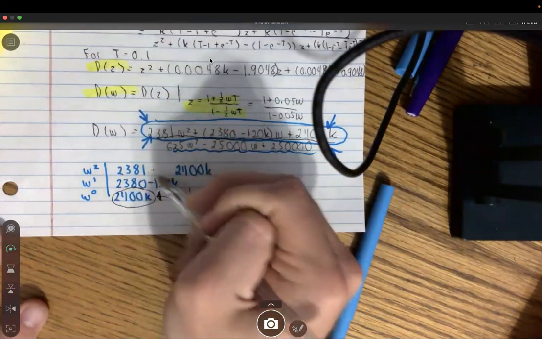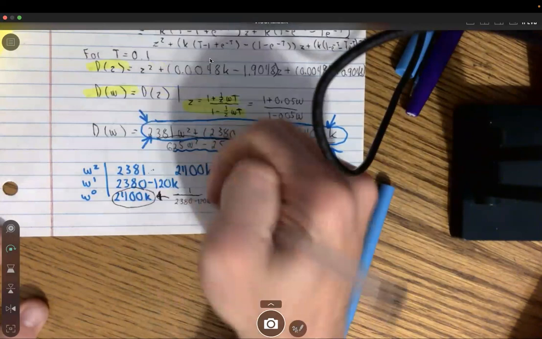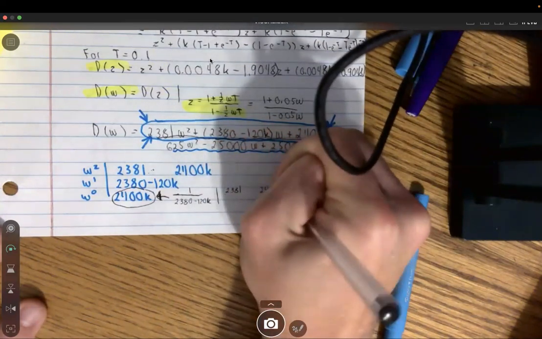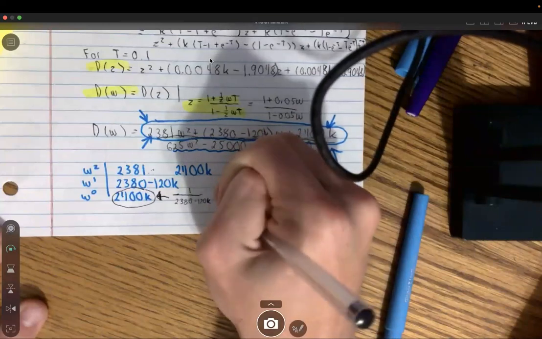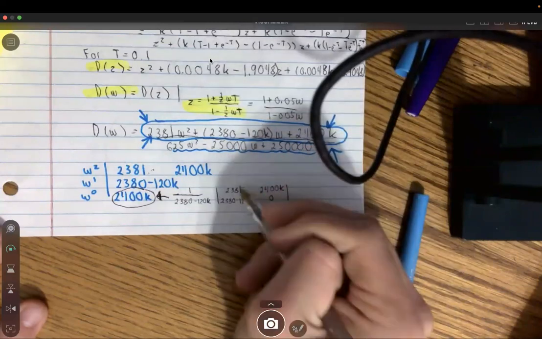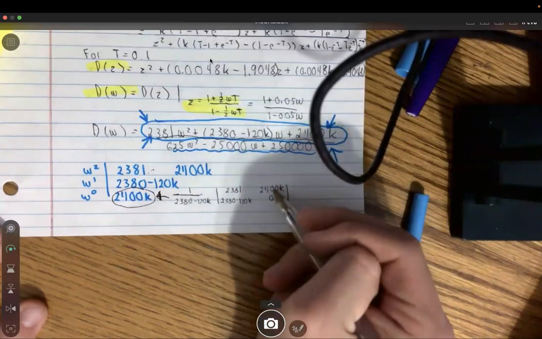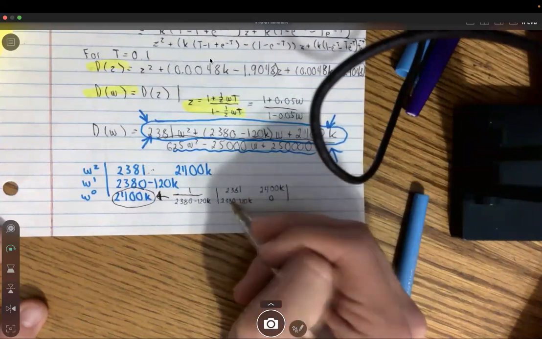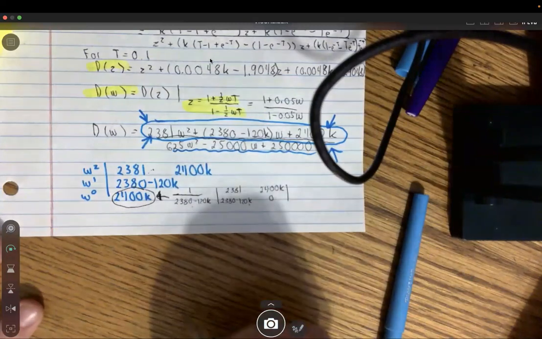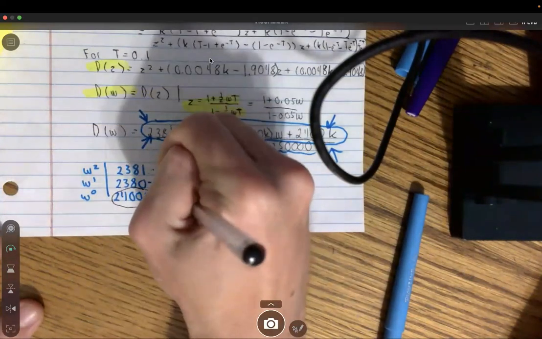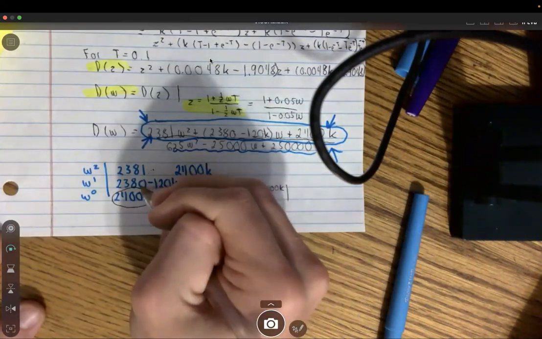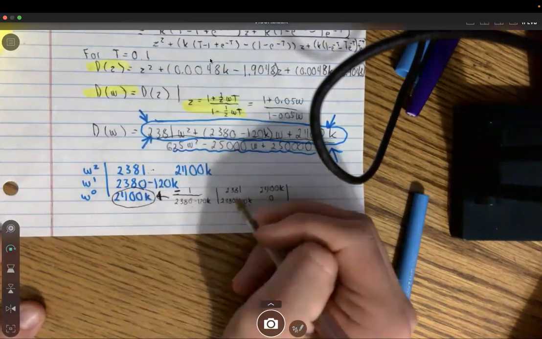And then if you try taking the determinant, 2381 and 2400K, and then 2380 minus 120K and 0 here, you're going to get -2400K times this divided by this. This will cancel this, and then you'll just get -400K will cancel with the negative here. And so that's how you get this. It's just -1 over your bottom left one times the determinant.